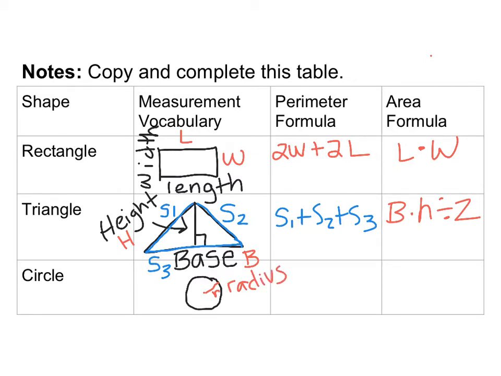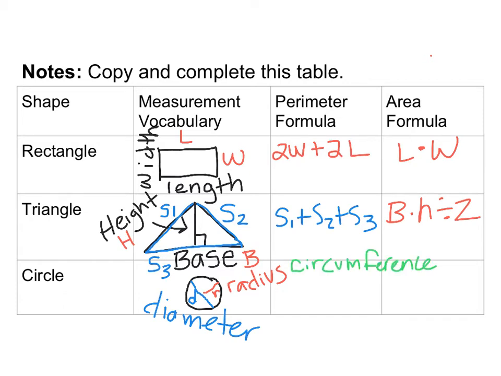And then you have the full distance across the circle, which is usually done with the letter D for diameter. It's also important to note that the perimeter is often referred to as the circumference of a circle, and area is just area.